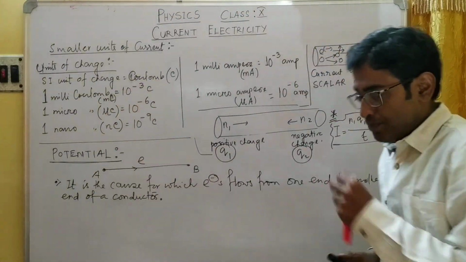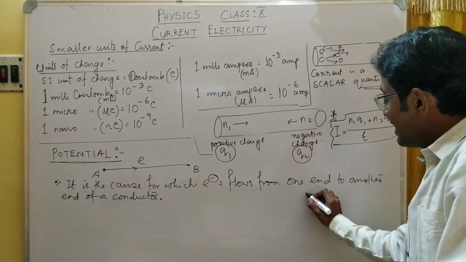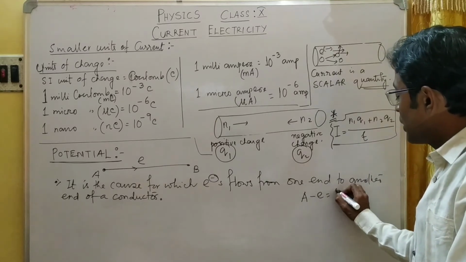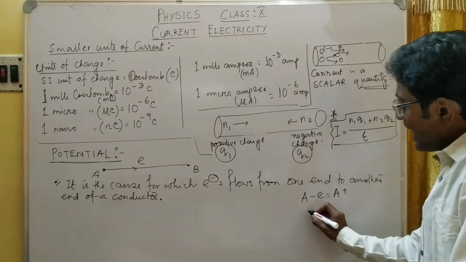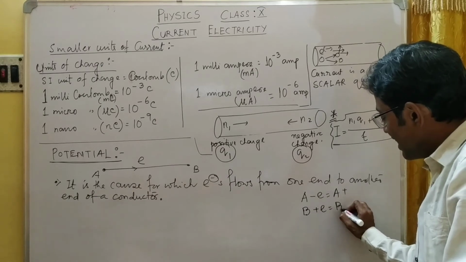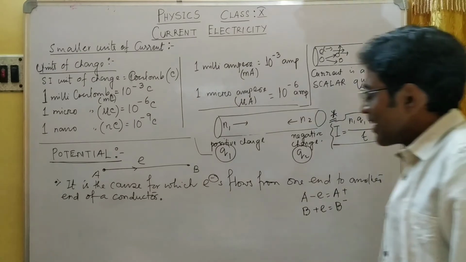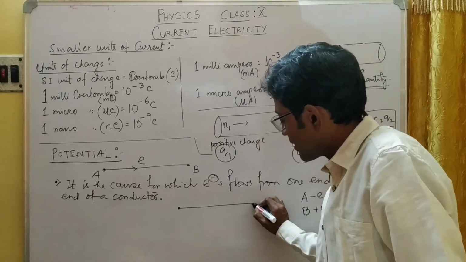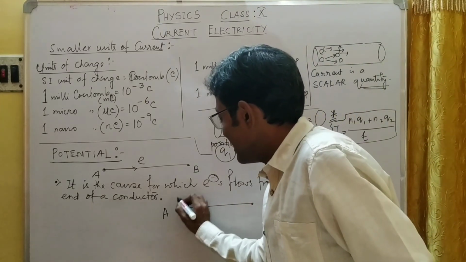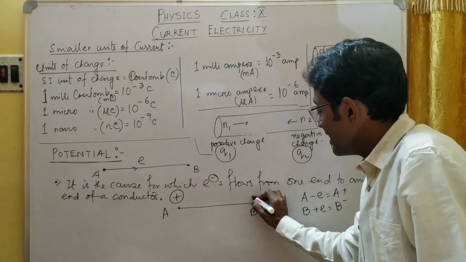Now let's begin our discussion from our childhood concept, that any isolated gaseous element, when it loses electrons, becomes positively charged. And any isolated gaseous element, when it gains electrons, becomes negatively charged. So that is the fundamental idea of positive and negative charge. So if in this conductor, a copper wire, this end is A and it is positive, and this end is B, this is negative.